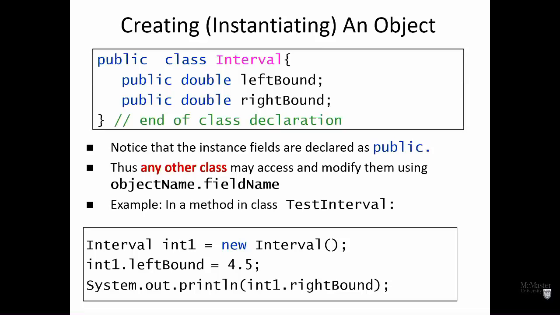You can modify, read or write. Good. Why can we do this? Because again, interval is a public class that you can use in any other method in any other class. Good. If we define interval as private, for example, you cannot use interval inside test interval if test interval is in another class. Good.